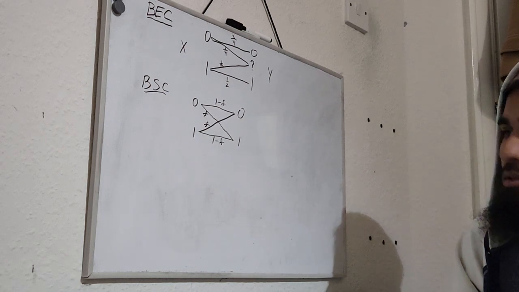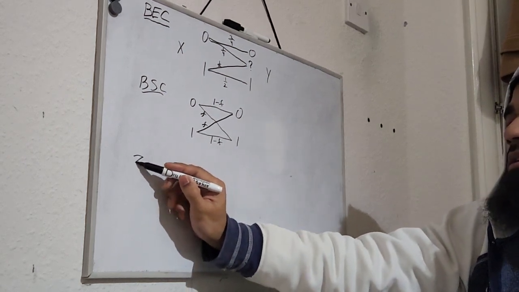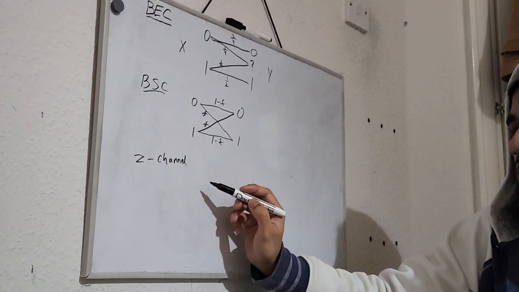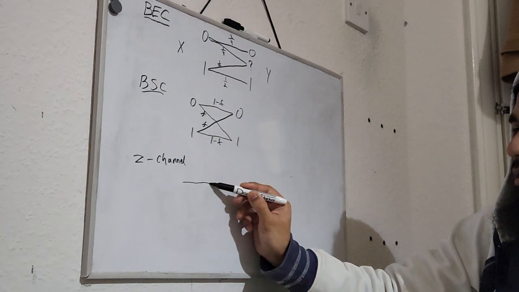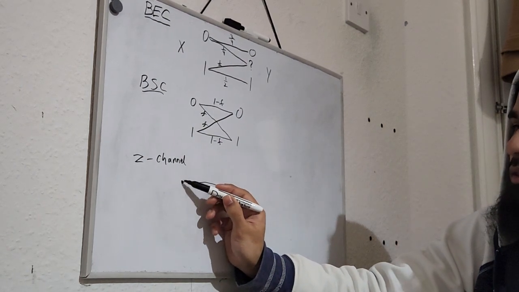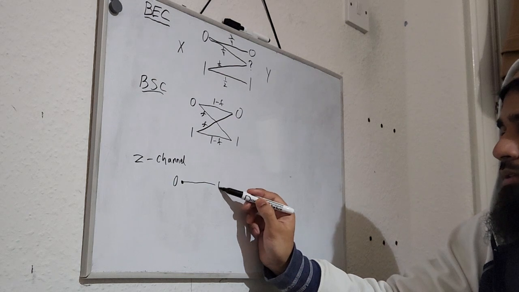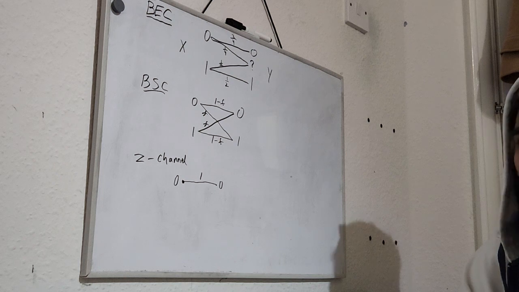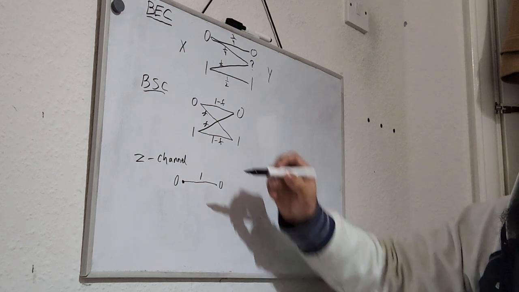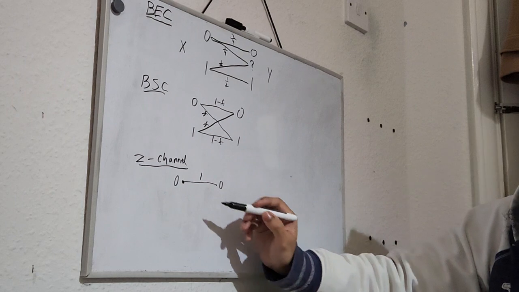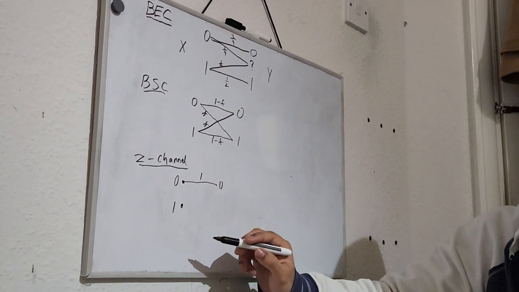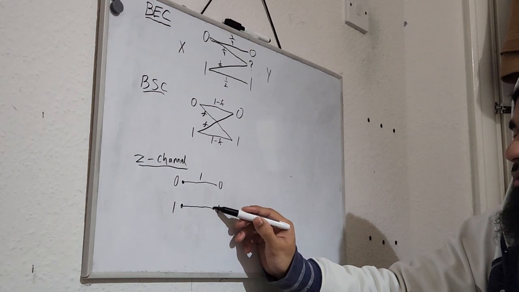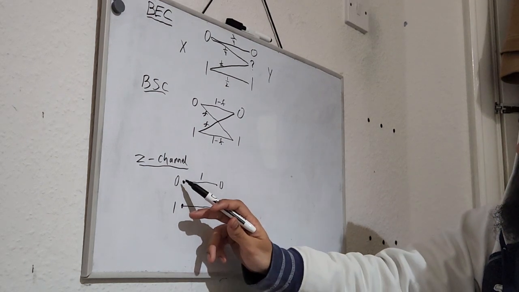Now that's another channel. There's another channel which is called the Z channel. It's important to know these channels, and we're going to be looking more in depth at them. In this channel, you're sending a 0 and you get a 0; the probability of that is 1.